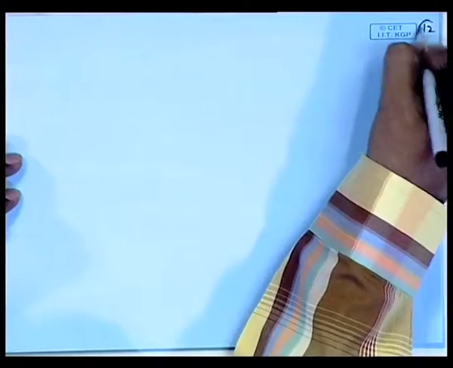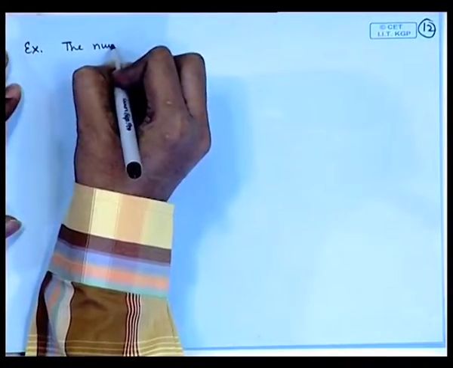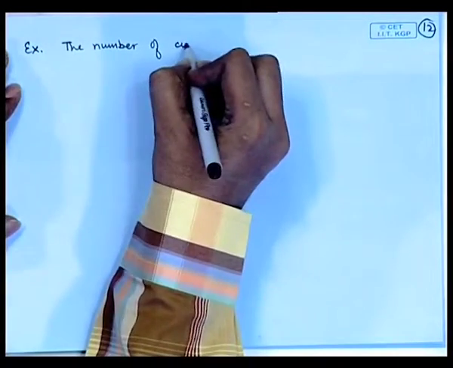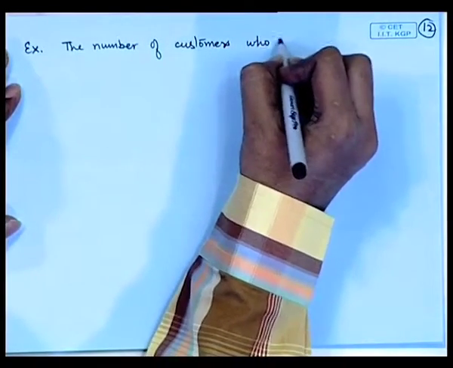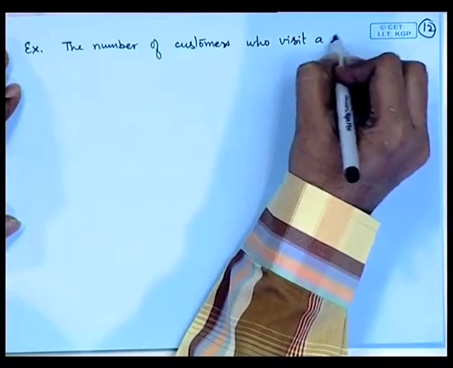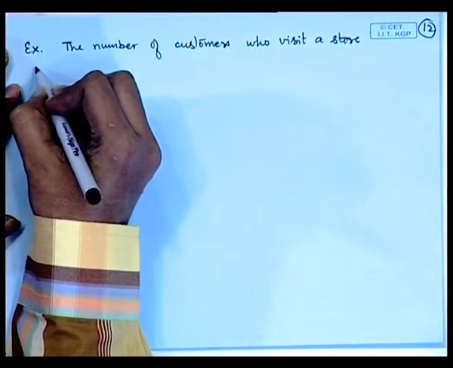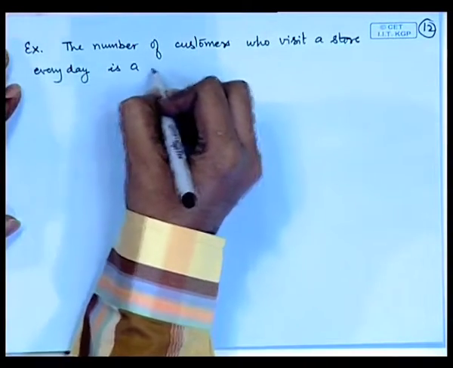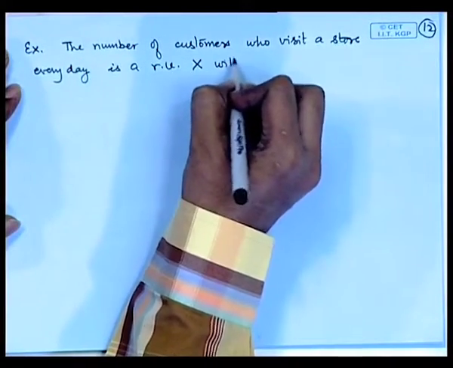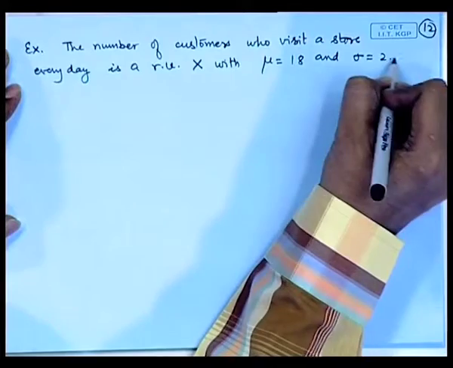Let us take some example to explain this. The number of customers who visit a store every day is a random variable x with mean say 18 and standard deviation equal to 2.5.